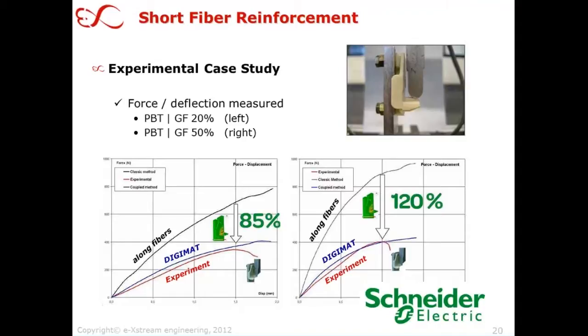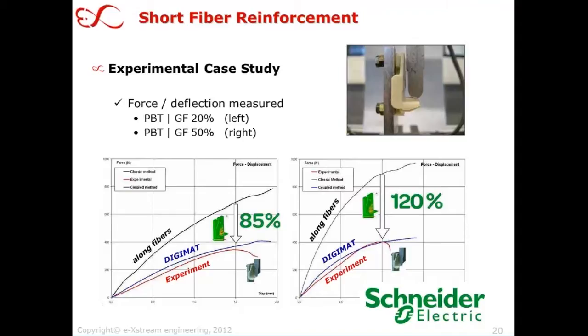First, for the 20% fiber filling, we see again this about 85% reduction of the prediction of the force displacement curve, if we compare the black and the blue curve on the left side, and this is about what we saw in the other example before also.